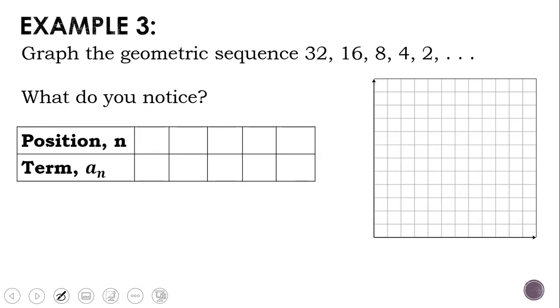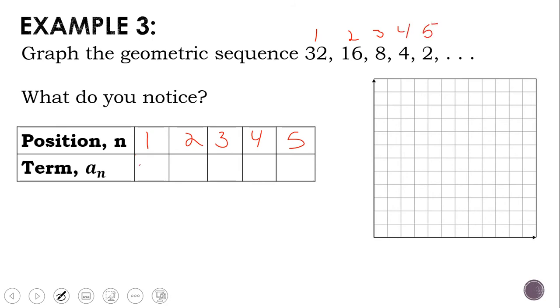If we look at graphing a geometric sequence, we're almost graphing points. So n is your position, aka where in the sequence it lands. So 1, 2, 3, 4, and 5. This is my first term, my second term, my third term, my fourth term, and my fifth term.